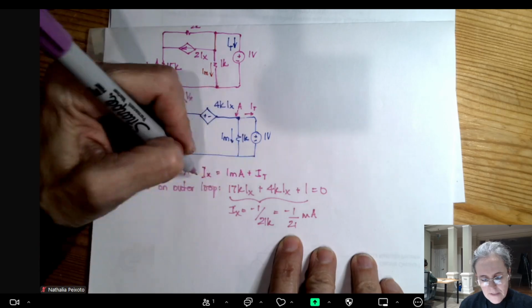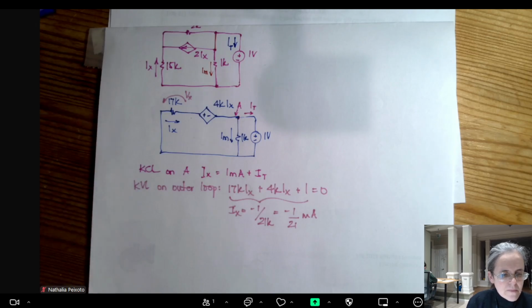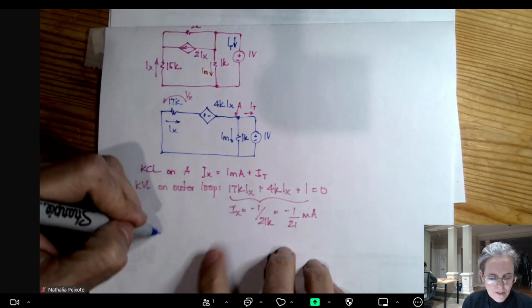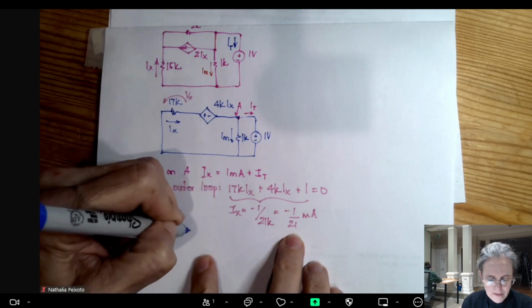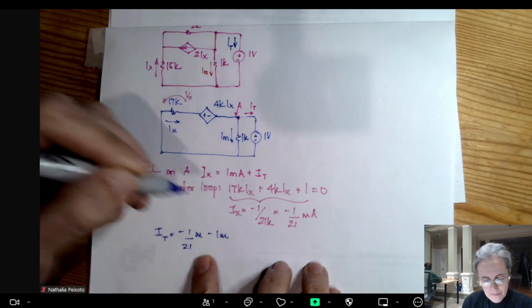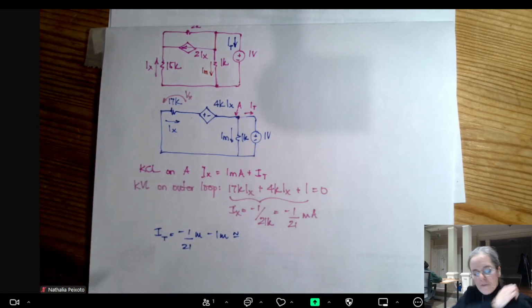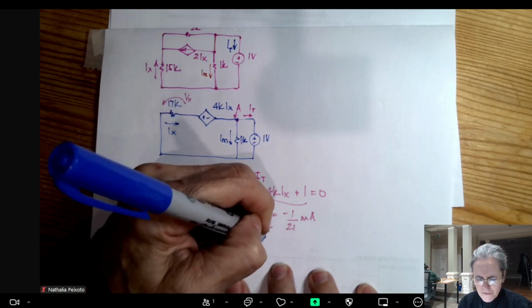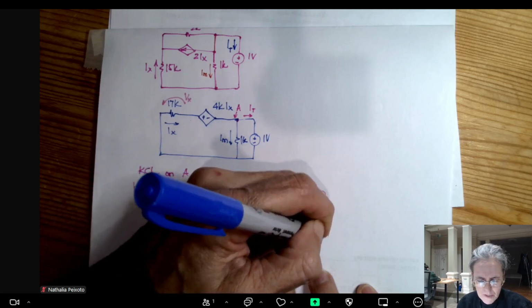And finally, I can go back with Ix up here and use that to say IT is Ix, which is minus 1 over 21 milliamps, minus 1 milliamp, which means really 1 divided by 21 is 0.05, so you could write minus 1.05 milliamps, but really it's approximately minus 1 milliamp.